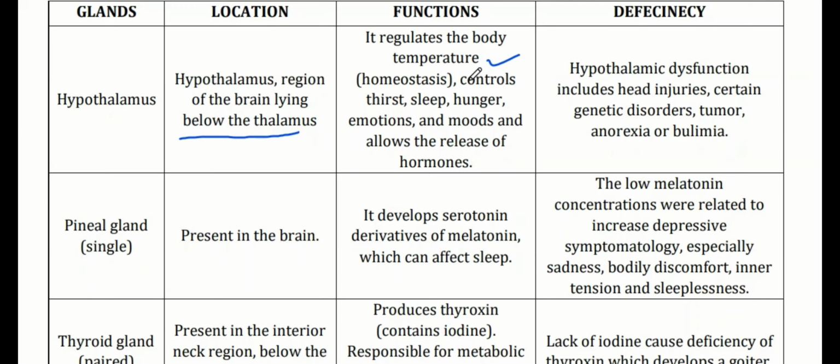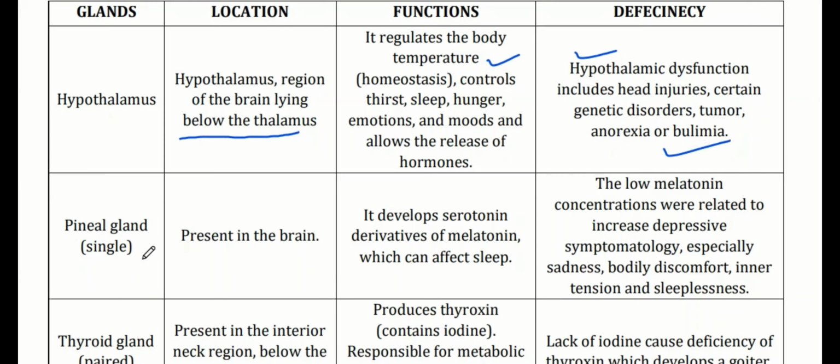Where is it located? It is located in the brain below the thalamus. What is the deficiency of it? Hypothalamic dysfunction includes head injuries, certain genetic disorders, tumor, anorexia or bulimia.